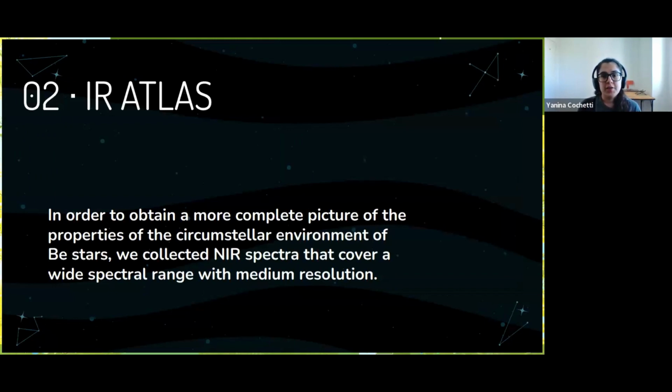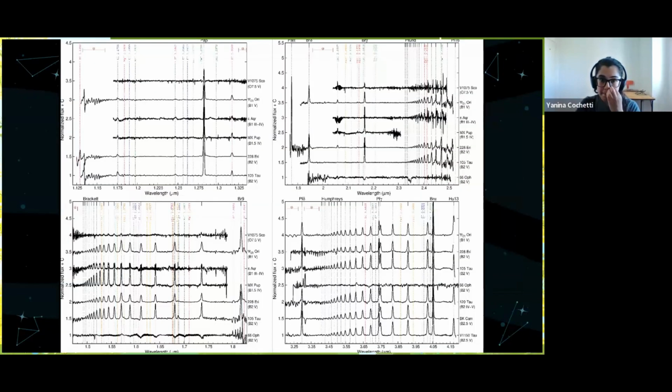We wanted to collect near-infrared spectra in a wider spectral range with medium resolution, not for just one object, but for a sample. So we observed with Gemini and with Las Campanas Observatory using HDUST and FIRE a sample of 22 galactic Be stars. And I am showing here some of the spectra that we obtained.